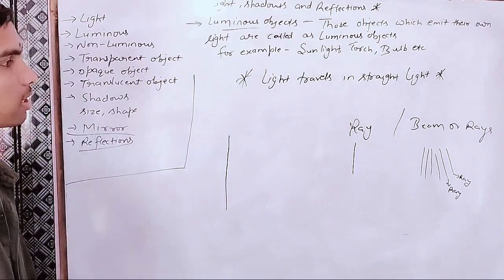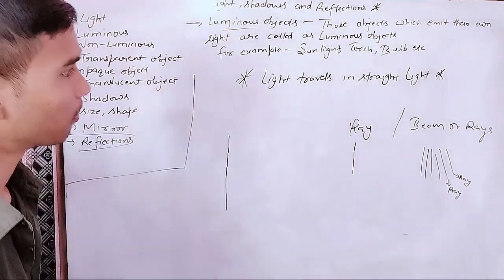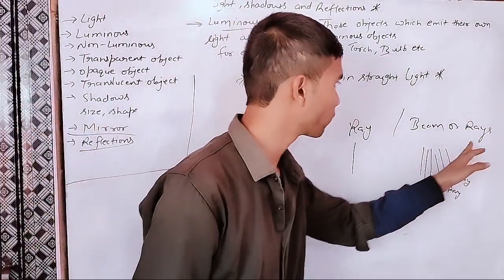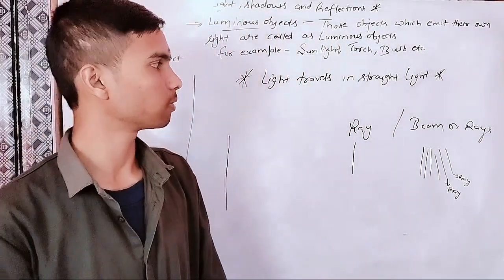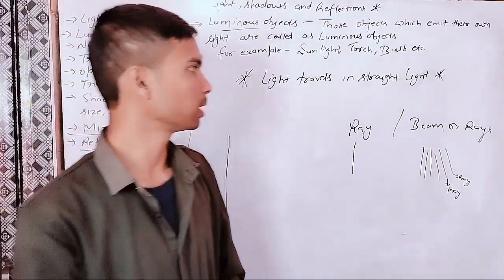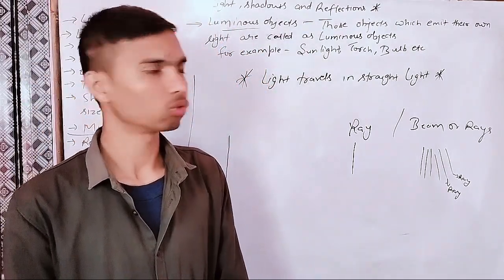So this was the difference between the two words, ray and beam. If you say rays in place of beam, then you are correct. And if you are using beam, then also you are correct.